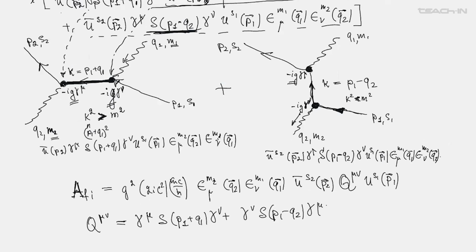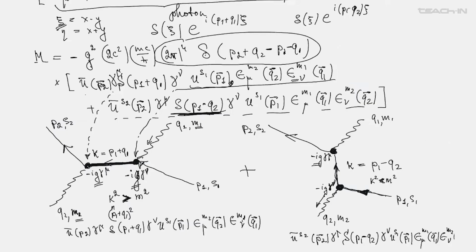Where I isolated, or just summed up these two terms, which gives me this tensor Q mu nu.